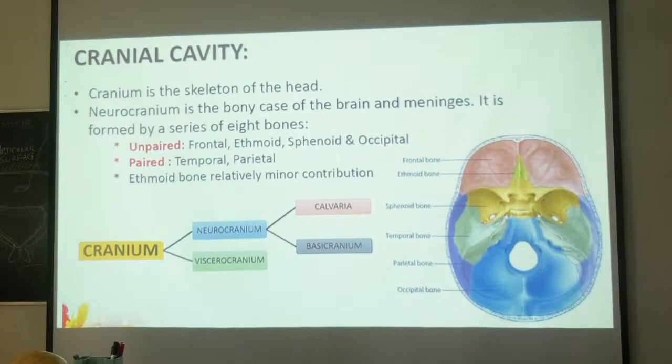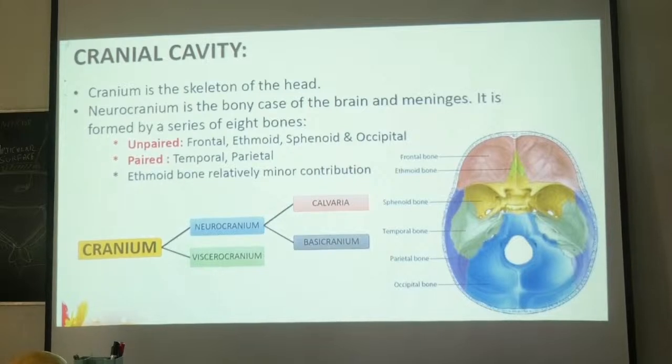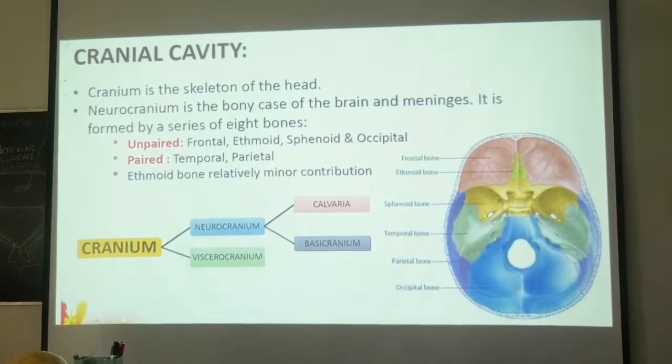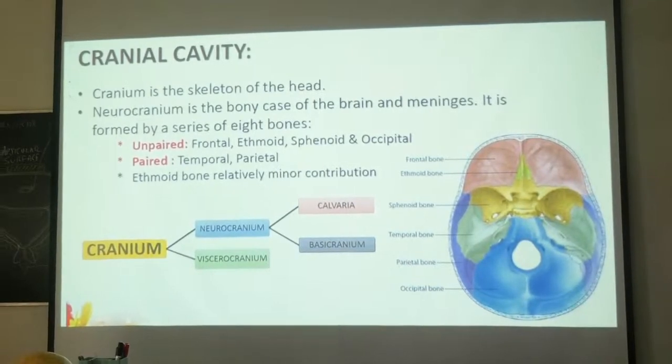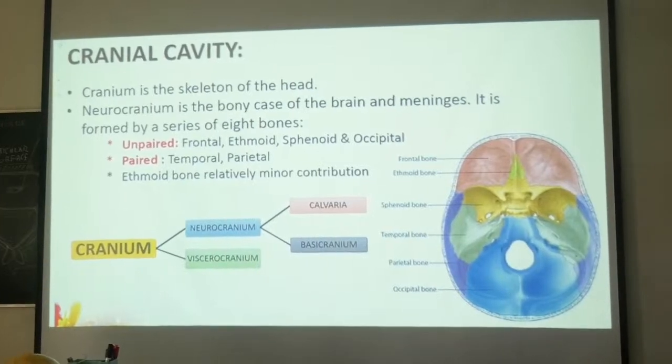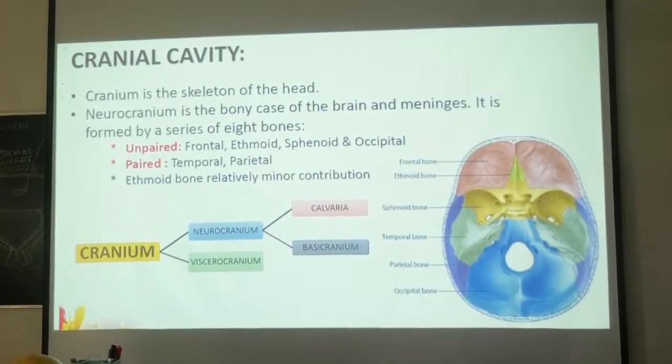The light green one is the temporal bone, the violet one is the 2 parietal bones, and posteriorly the sky blue colored one is the occipital bone. So these bones form the base of the skull and the 3 cranial fossas.